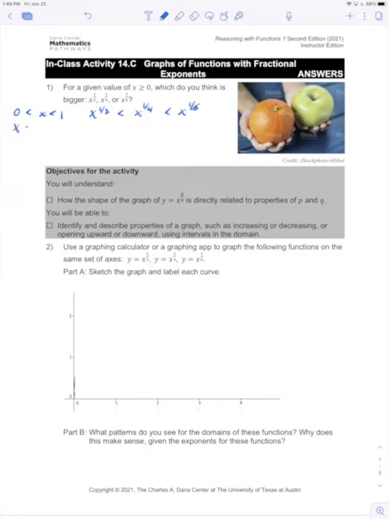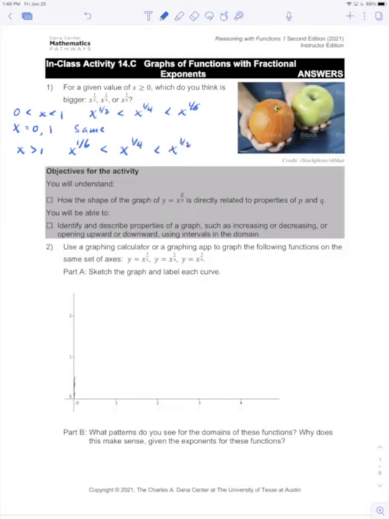If x is equal to 0 or 1, then the values will be the same. And then for x greater than 1, it's going to turn around. x to the 1/6 will be the smallest, x to the 1/4 is next, and then the largest would be x to the 1/2.